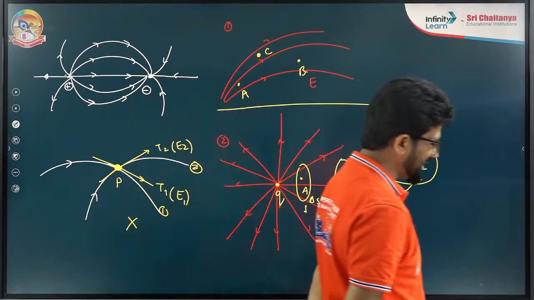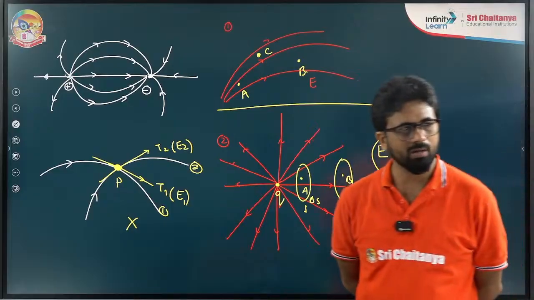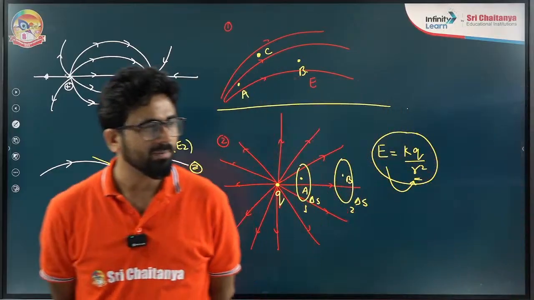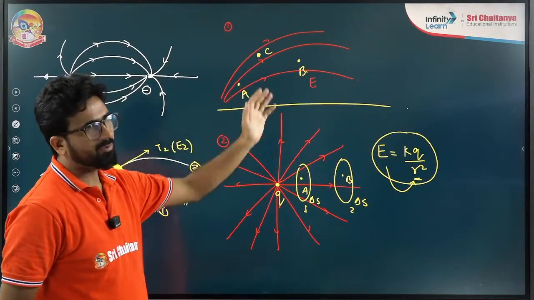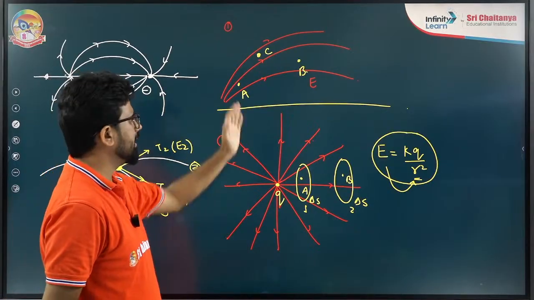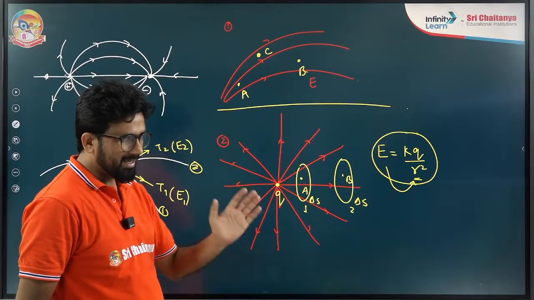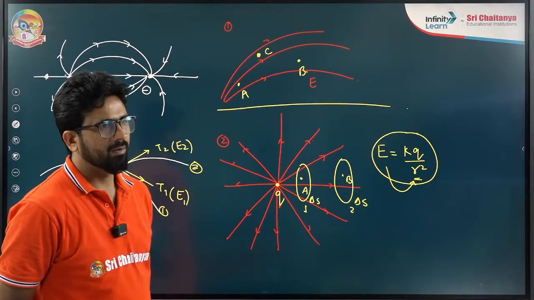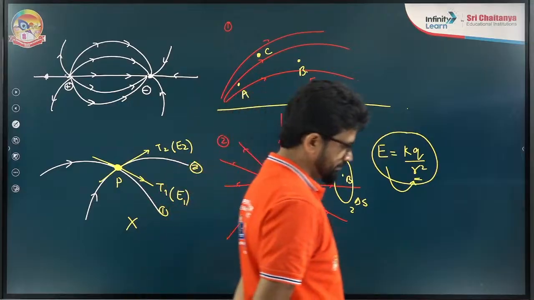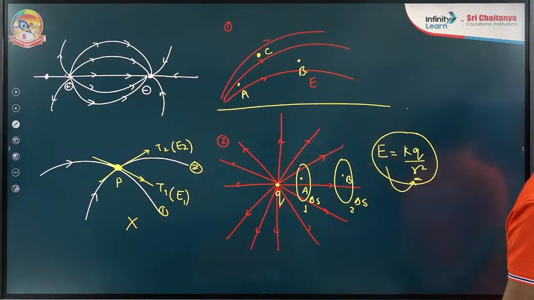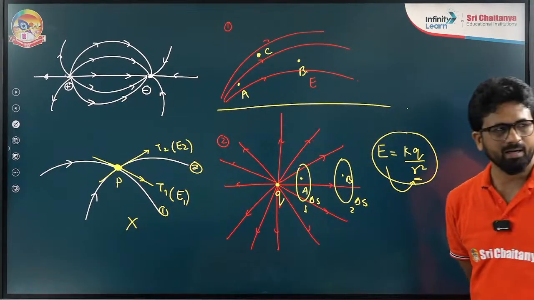Tell me where the field would be more. Now solve it, beta. You have to write the order. Which is maximum, then which is a little less, then finally least. Karthik, Sudhakar, very good.